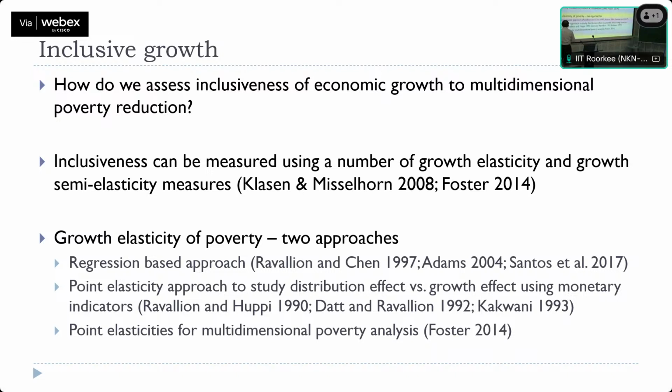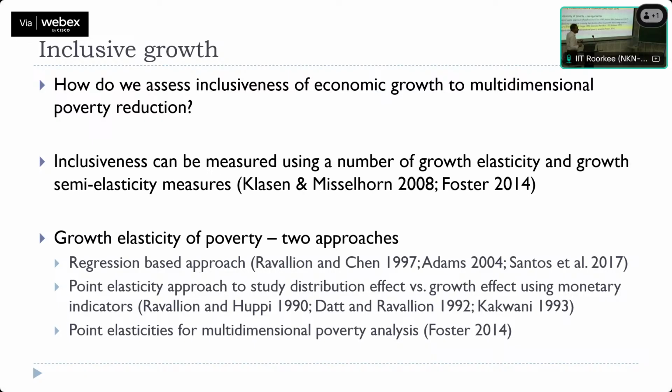Now, in general, in the literature, you can study growth elasticity of poverty in different ways. One is just to take cross countries or within a region, put a left-hand side variable poverty, right-hand side variable growth, regress, and interpret the regression estimates.